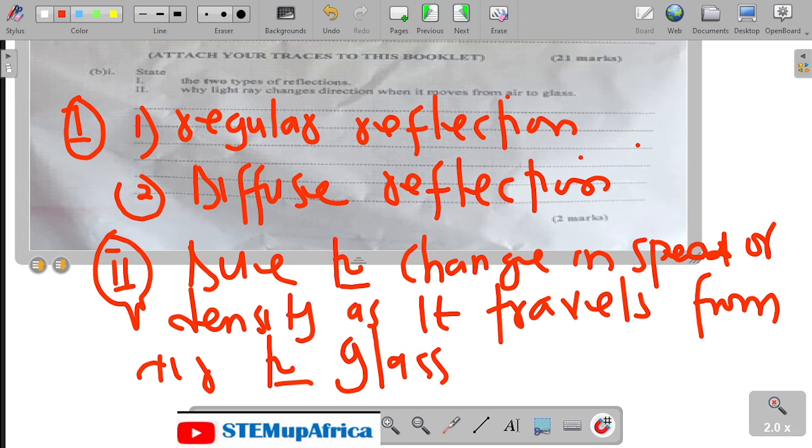That's the reason, it's traveling from air to glass. Then the next question says the calculation.